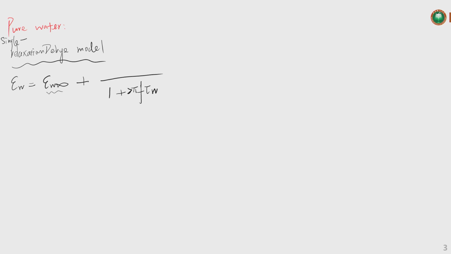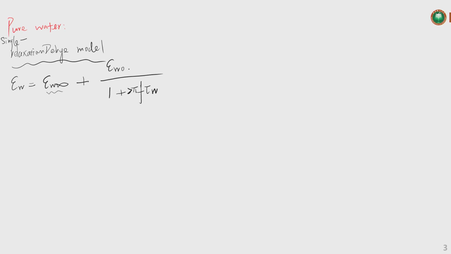We can also see that this equation is a semi-empirical equation, because it was modified according to the measurement.